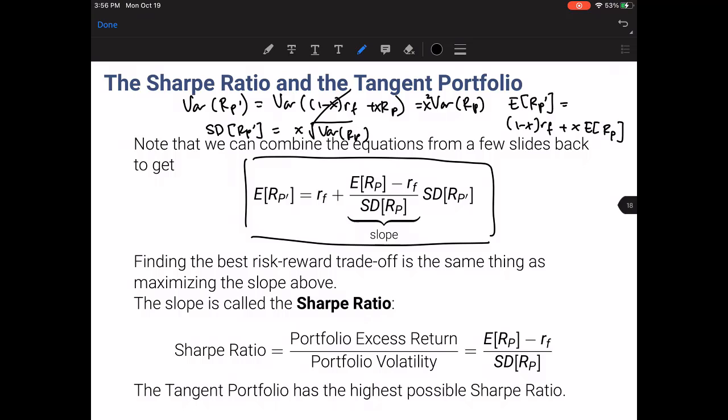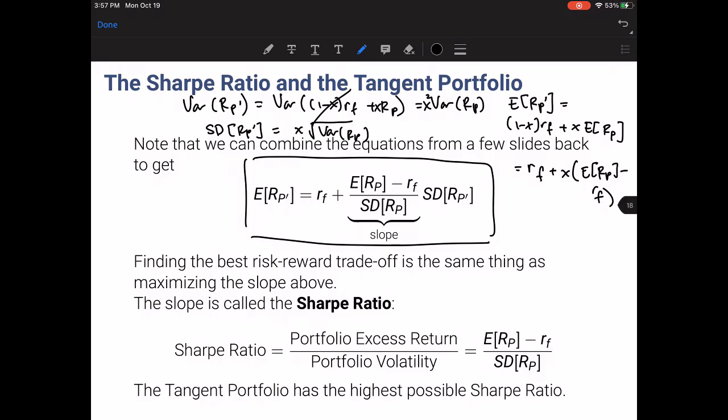We can rearrange this expression by multiplying RF out, and we should get RF plus x times the expectation of RP minus RF. So I'm just rearranging the terms here.